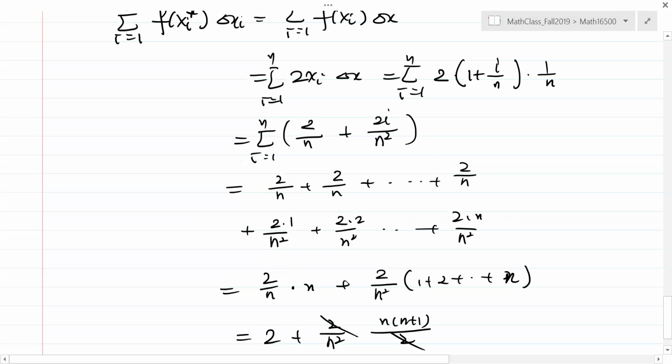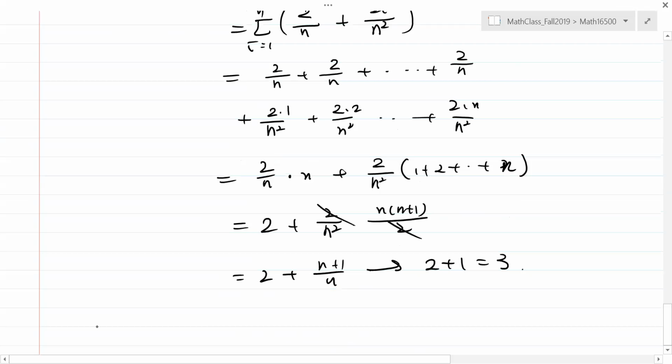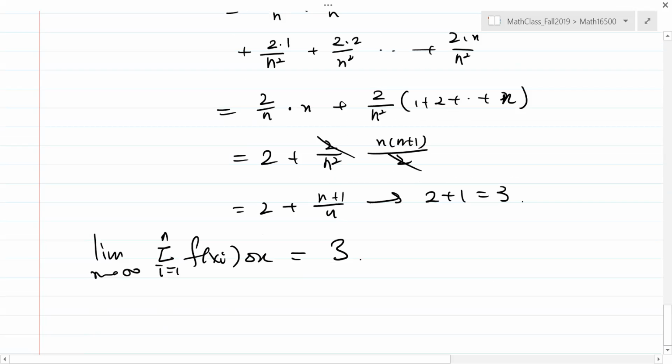We showed that this is going to be 3, and that is the area of the trapezoid. We already know that, but suppose we don't know; that's how we calculate.